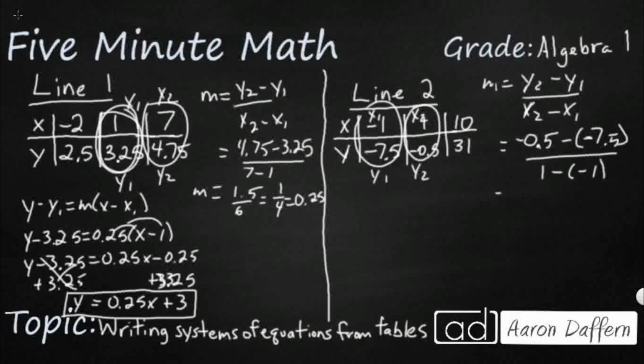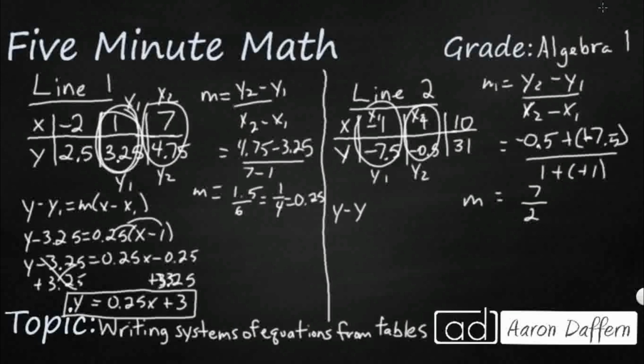All right. So on the top, that's going to be negative 0.5 plus 7.5. That's just 7. That's just two positives. All right, so that's 7/2. So m equals 7/2.